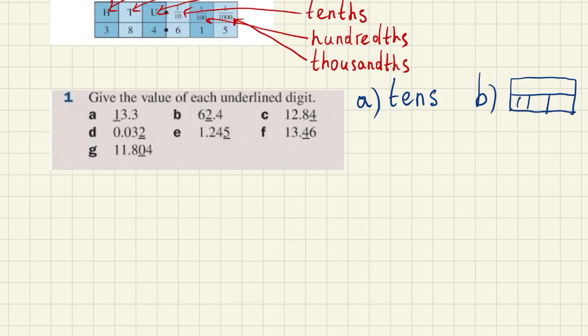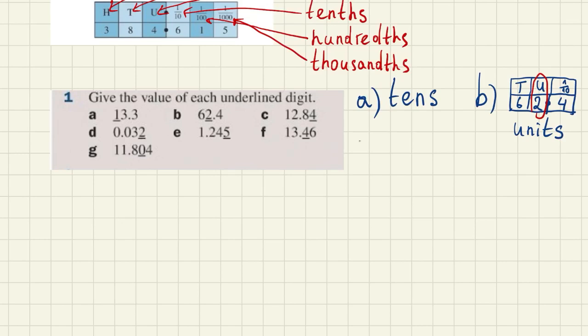We have a table with three numbers. We have 6, 2, and then the point, and then we have 4: 62.4. We start with tens, then units, and then tenths, right? Not the same as tens. 1/10, like this. So we have 2, which is of course units. So in B we have units.